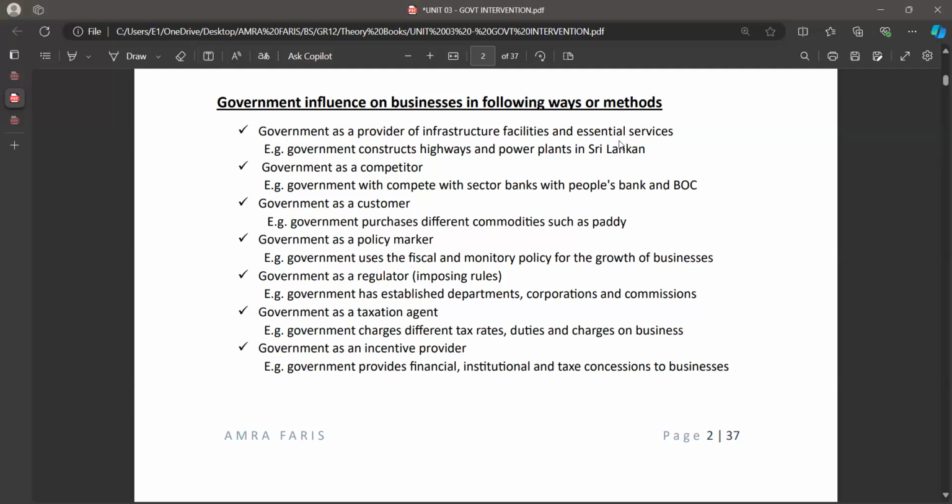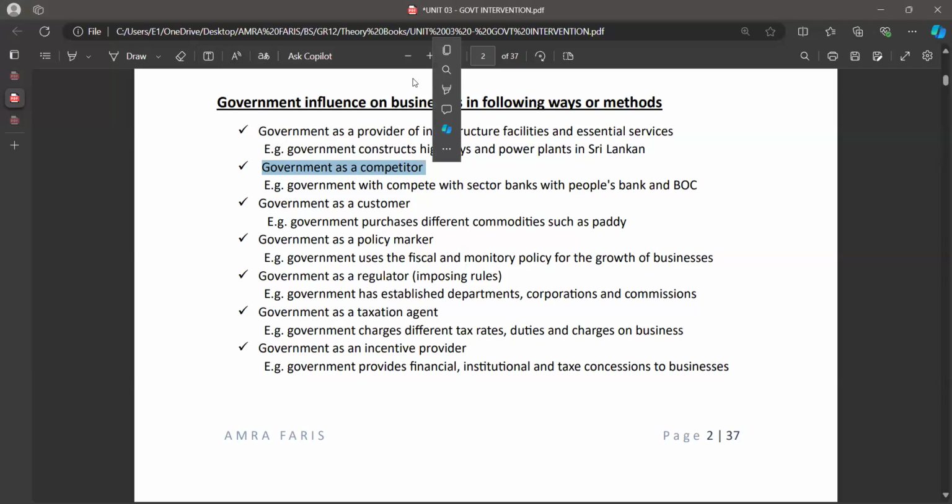And also essential services are provided. That is one way. The government also influences as a competitor. One example is the banking system. You have public sector, government banks, and private sector banks. Name two public sector banks in Sri Lanka.